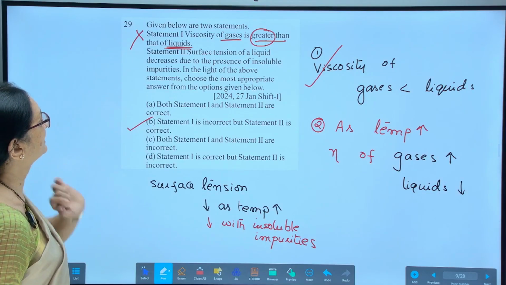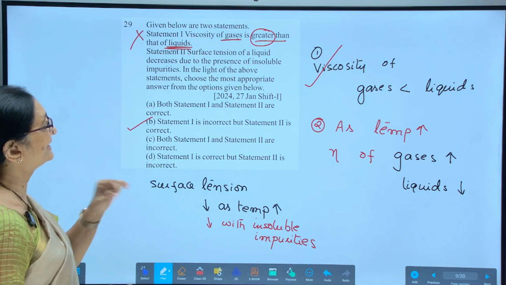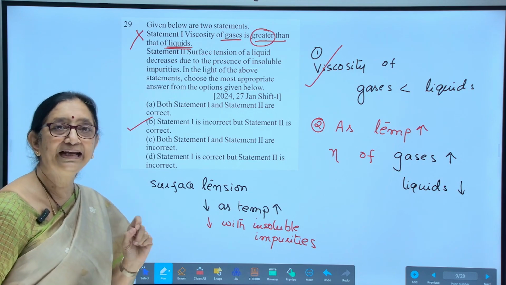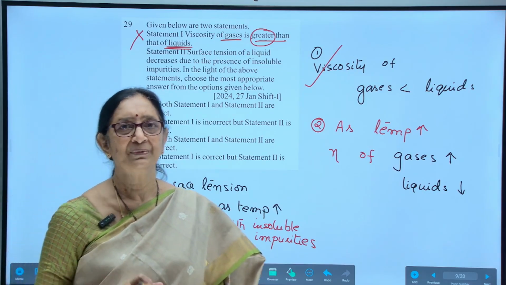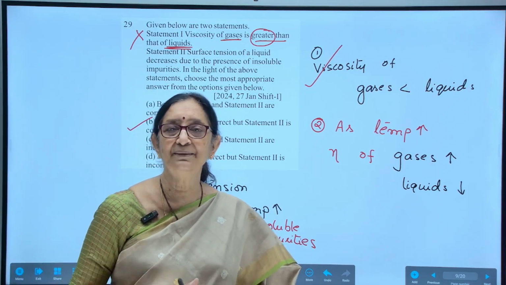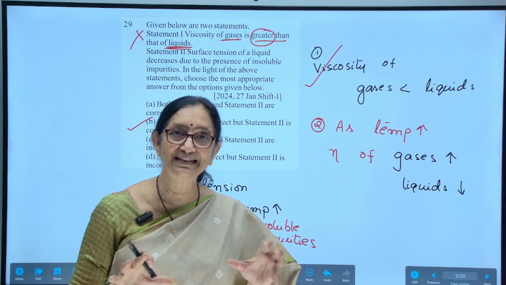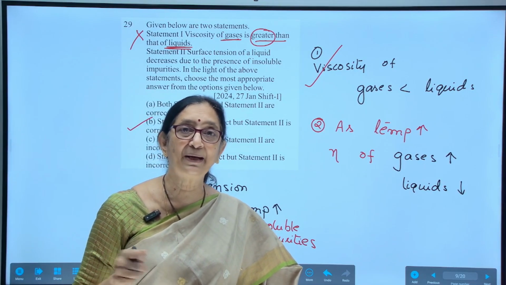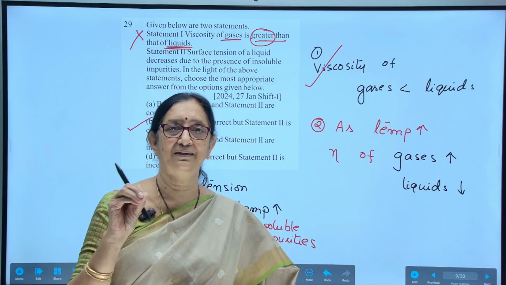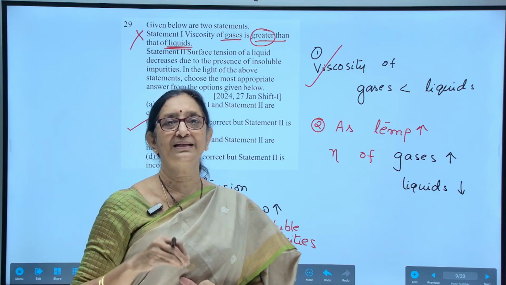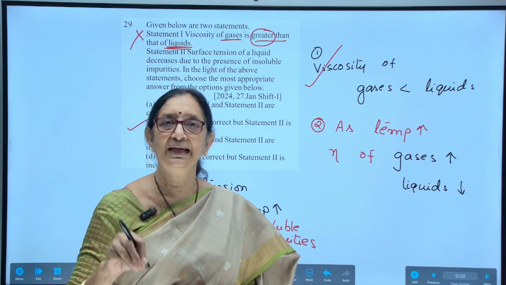Now, surface tension of a liquid decreases due to the presence of insoluble impurities. That we know pretty well. See here, to eradicate mosquito breeding in stagnant water ponds, they spray kerosene oil. So, kerosene becomes an impurity which is not dissolvable in water.